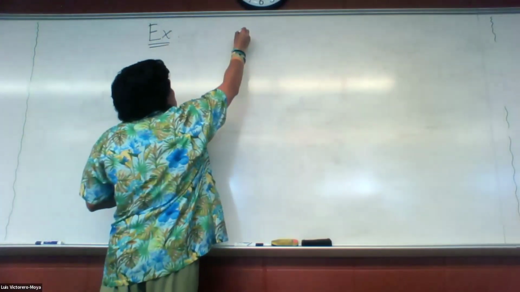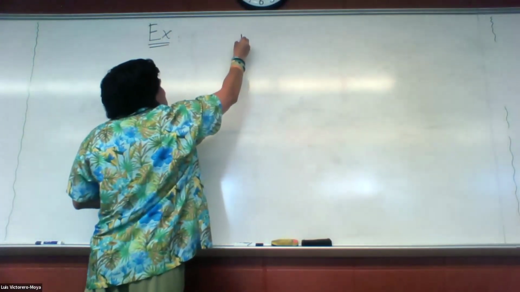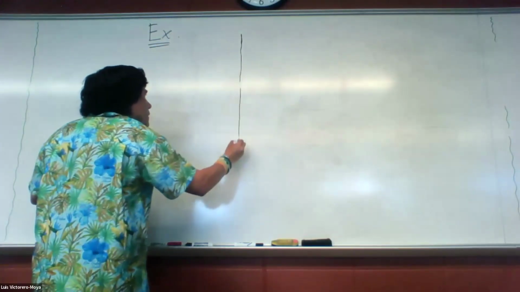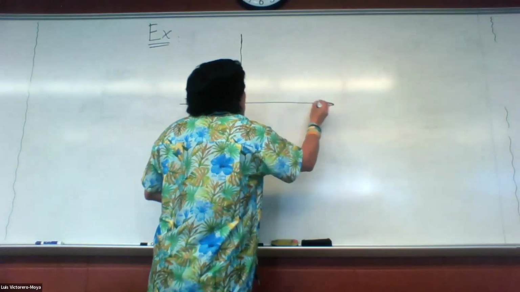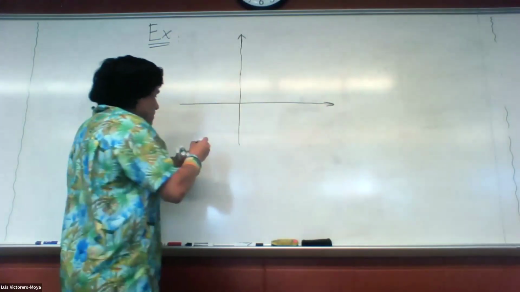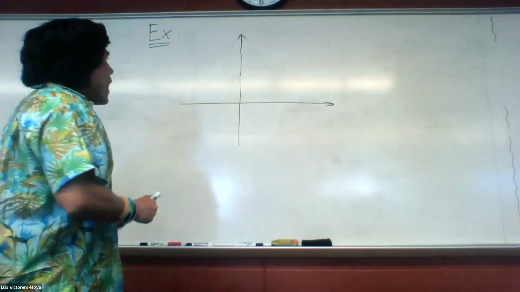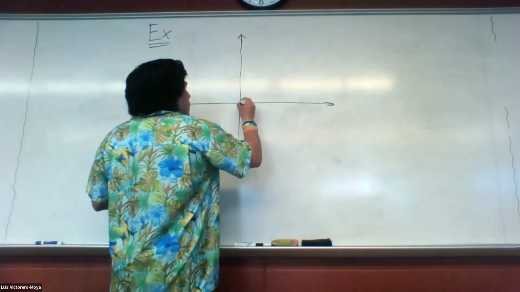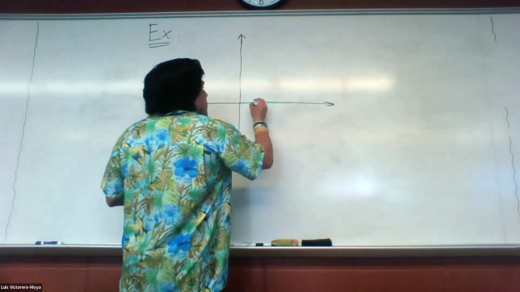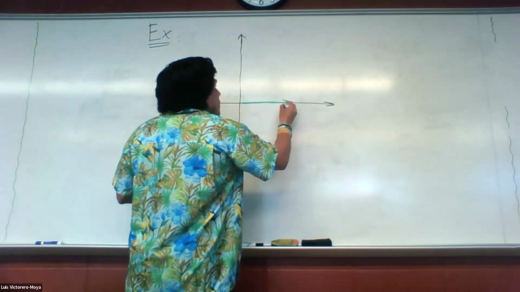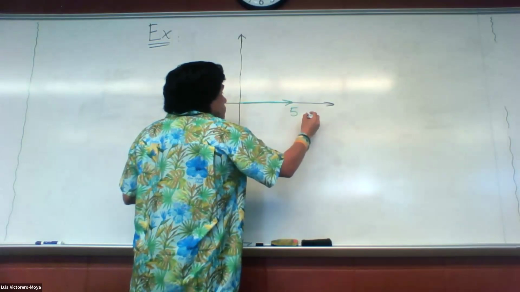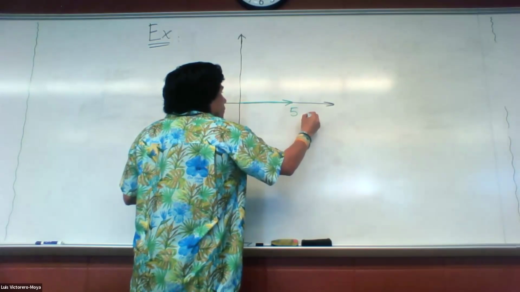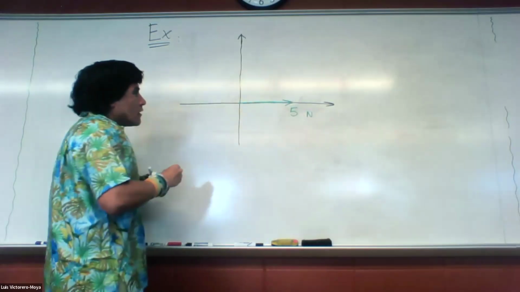You're going to find a resultant of two vectors. One is going to be already here, 5 newtons, so it's a force.